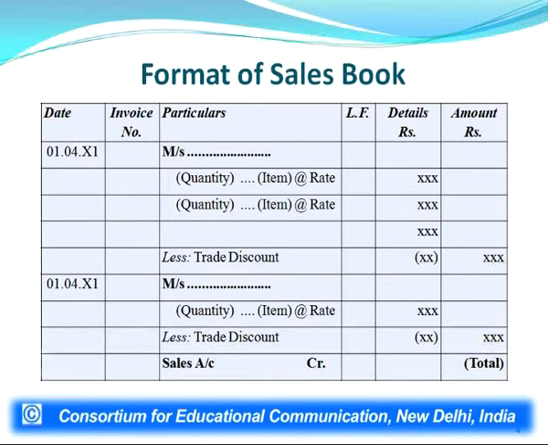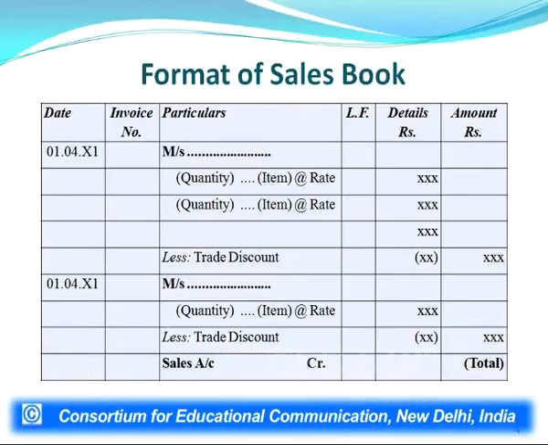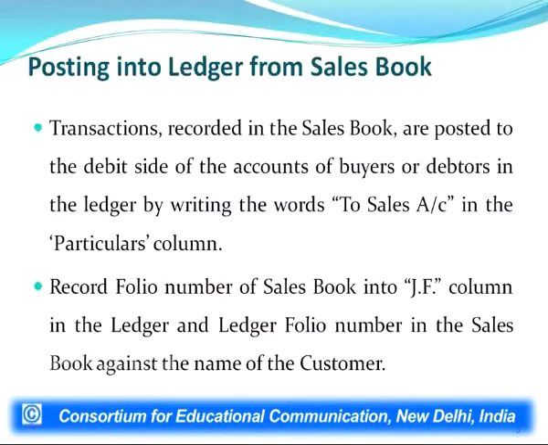Then we have a total. If there is any trade discount, this trade discount shall be deducted and the net amount shall be recorded. And in the last column we make the total of the sales for the month. That is later posted, and the sales account is credited.